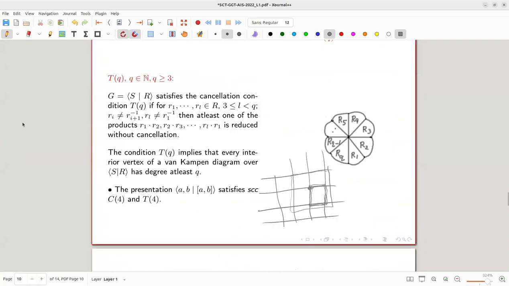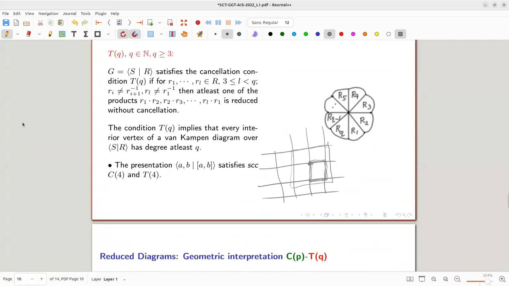Is the definition clear, or should I repeat? Once more, you can. So it is saying that if all these are not equal, then at least one of these products is reduced. R1, R2 means this product you're forming, R2, R3, this product you're forming.